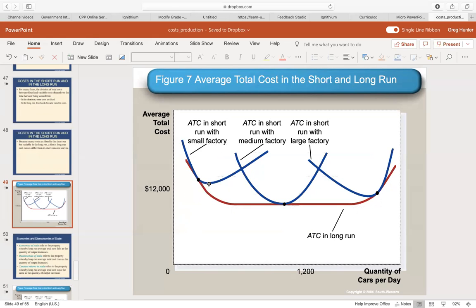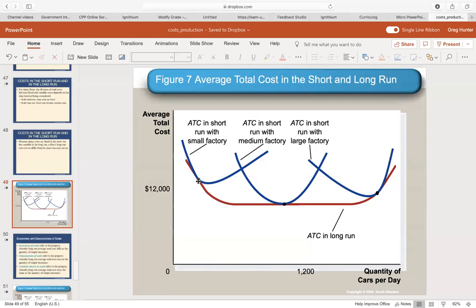And this is the best factory for you to use if you're planning a small number of units. And so that's the point where it's tangent to that one point on the average total cost curve.